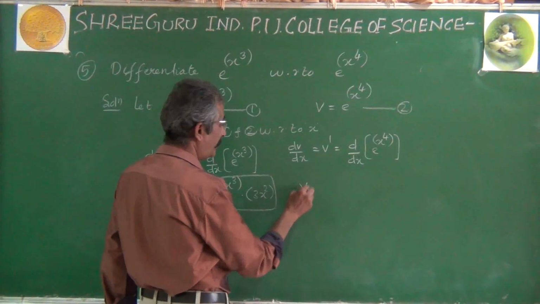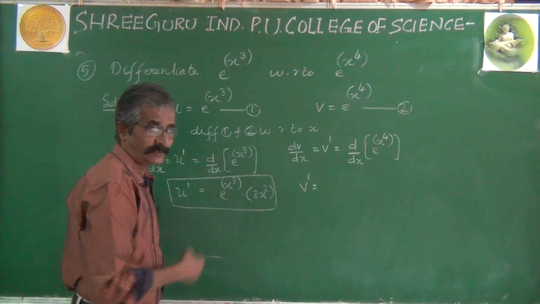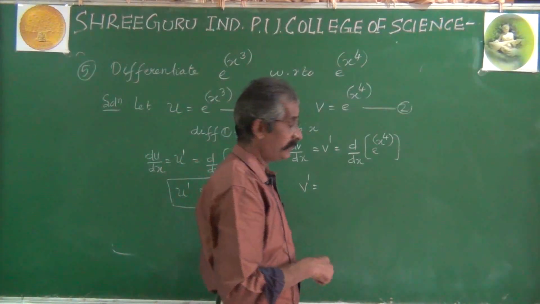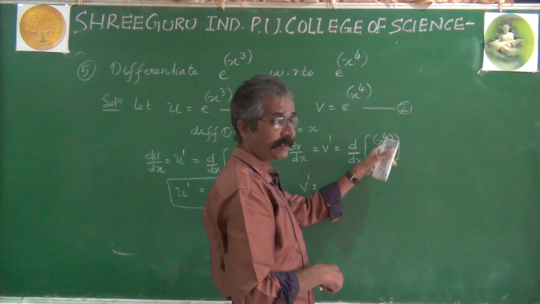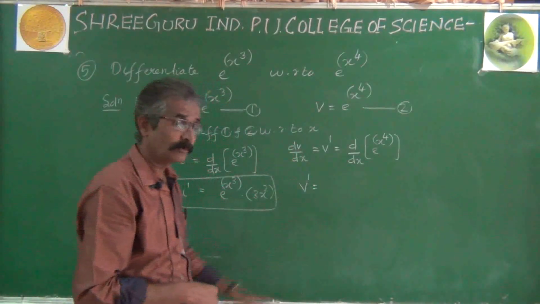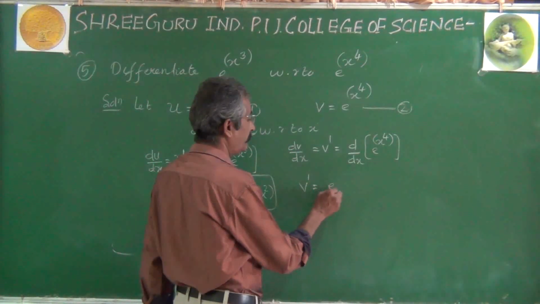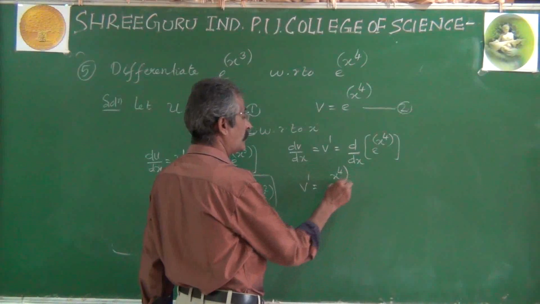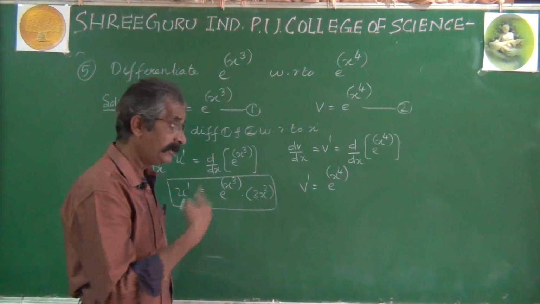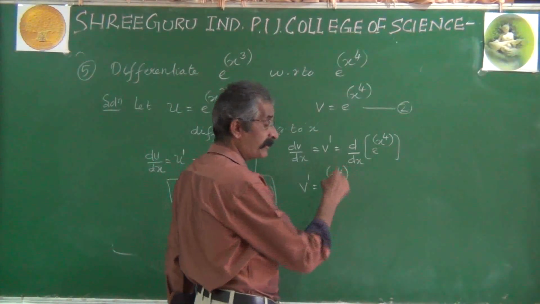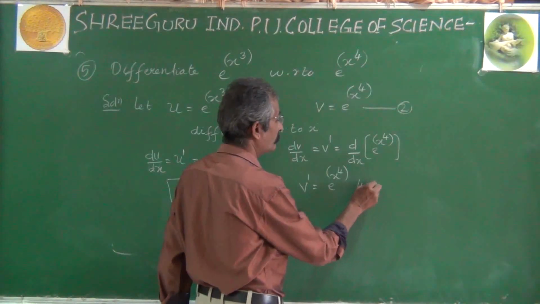Further, v dash equals, once again the same rule as on the previous occasion: differentiation of e raised to u into u dash, means e power x power 4 into the differentiation of x power 4, which is 4x cube.